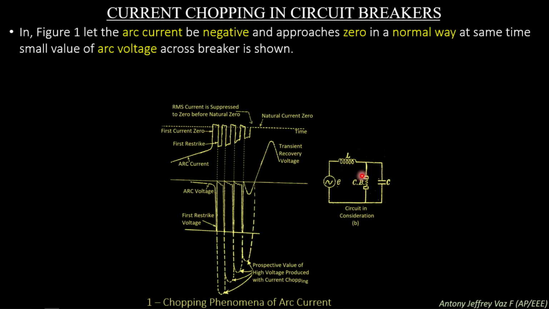So if a fault occurs in the transmission line, the circuit breaker will trip the fault. While tripping the fault, the equivalent circuit diagram of the total power system with the short circuit fault and clearing of that fault can be represented as shown in this figure B.